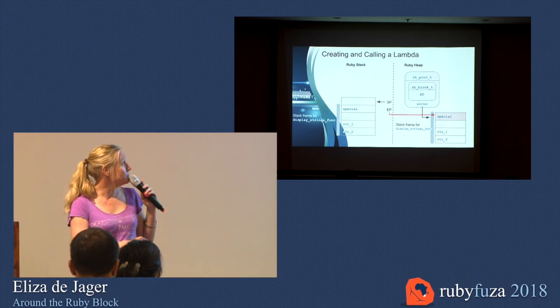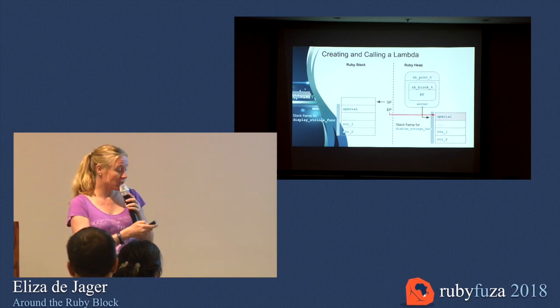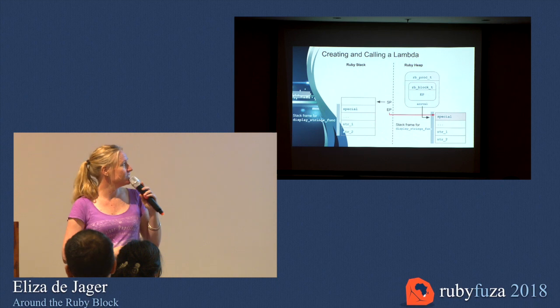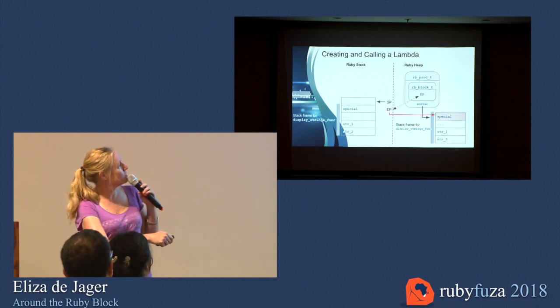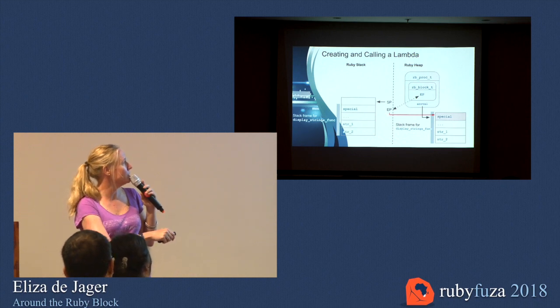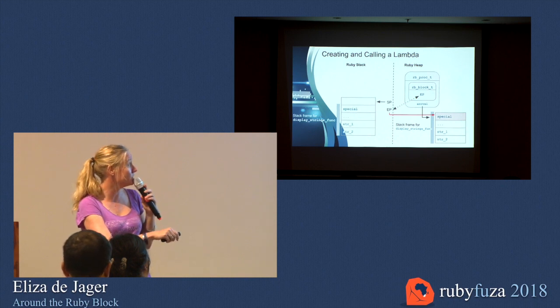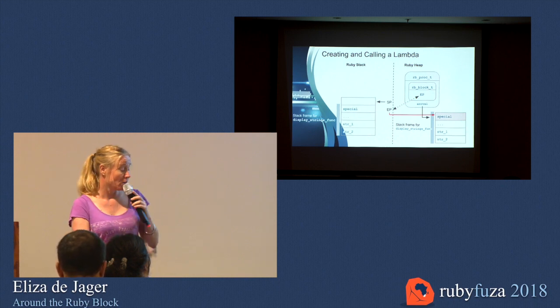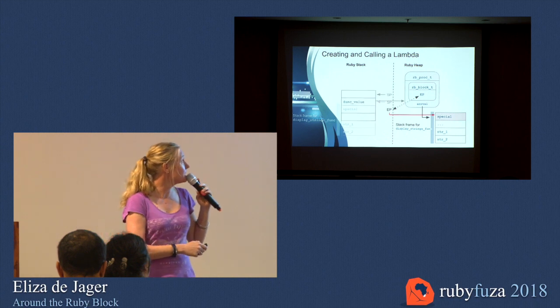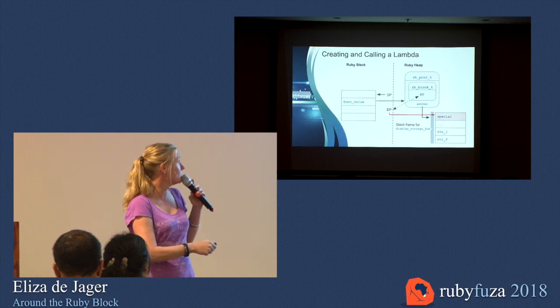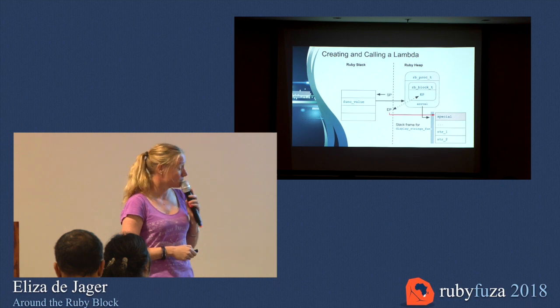Okay, so the lambda's been created. Ruby keeps executing display strings func, and it ends up exiting and returning the lambda. This over here is just showing that the environment pointer property of the block actually gets the value of the reset environment pointer in Ruby. So it's pointing to a location on the heap as well. But as I was saying, the lambda gets returned and now gets assigned to the func value variable.